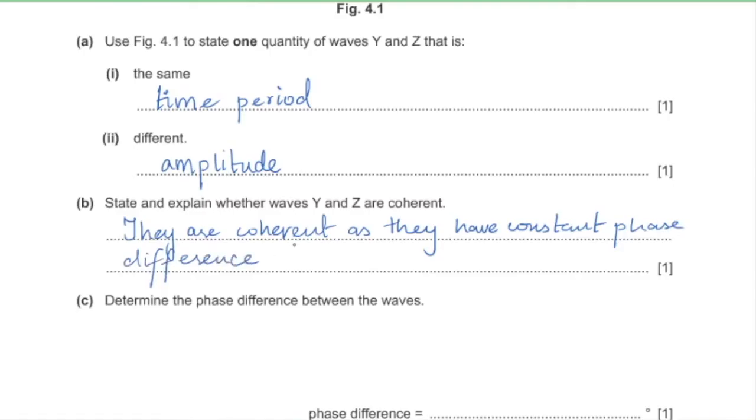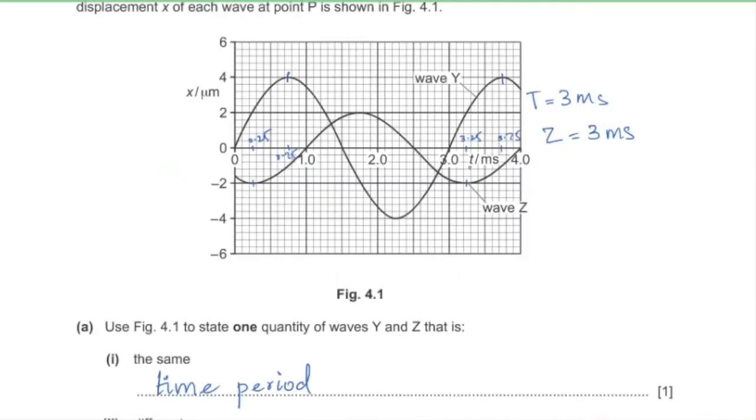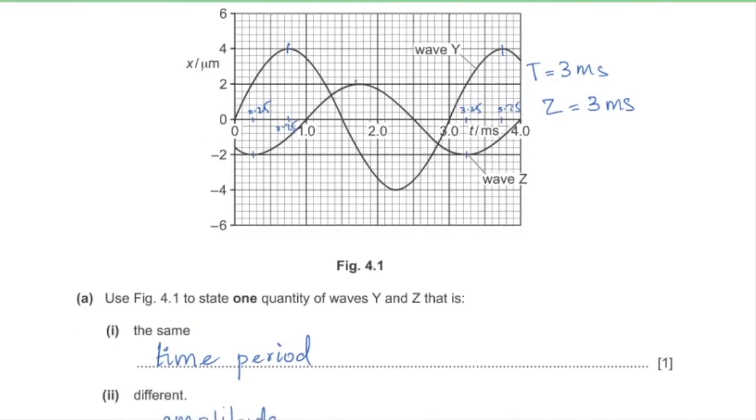Part C, determine the phase difference between the waves. When there is time interval on the x-axis and meters on the y-axis, there is some other formula, and when you have distance on the x-axis and displacement on the y-axis, there is some other formula, but both of them are quite similar. To calculate the phase difference, you need to find the difference on the x-axis between the peaks of these two waves.